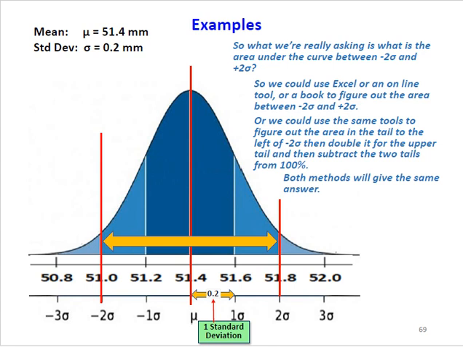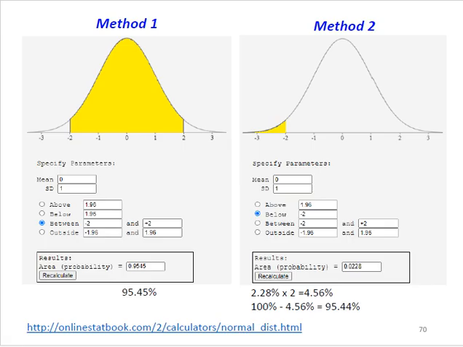Both methods are going to give you the same answer. If it's different, it's probably the book, because the table depends on the manufacturer of that book, on whatever accuracy they're following. So for method 1, we're going to use the website online. You put -2 and then +2.